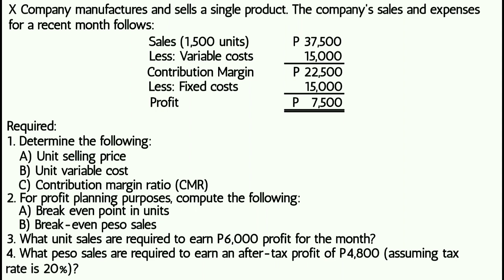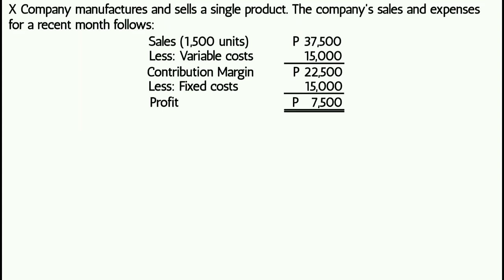Third, what unit sales are required to earn 6,000 pesos profit for the month? Fourth, what peso sales are required to earn an after-tax profit of 4,800 pesos, assuming tax rate is 20%.